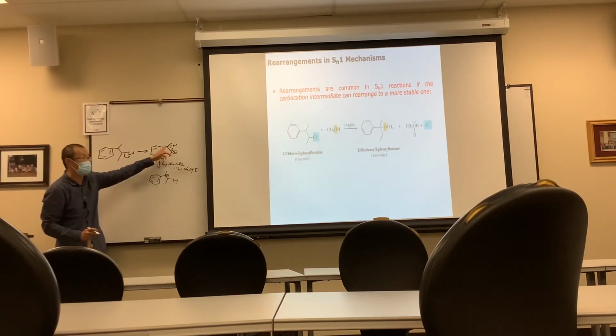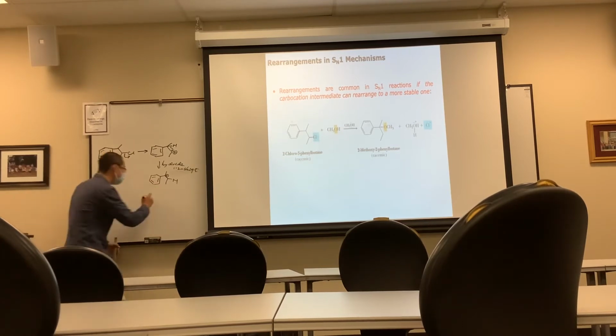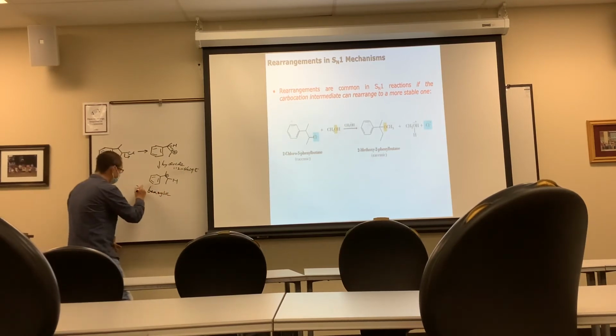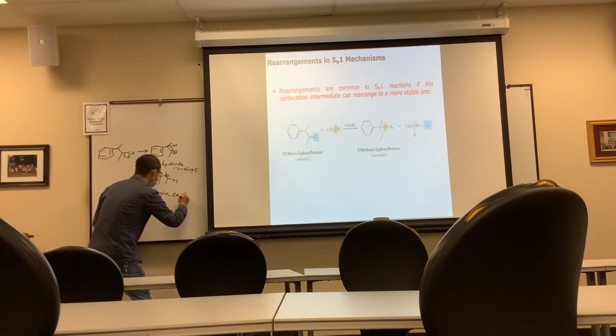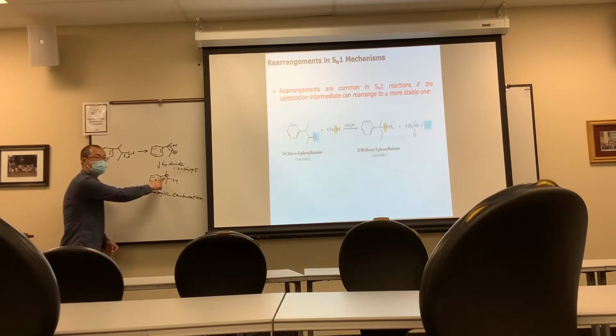That's why you have a carbocation here now. This is a very stable carbocation. We'll learn that in this chapter as well. This is called a benzylic carbocation. I'll put it here, you can write it down. Tertiary benzylic carbocation. Don't worry about the benzylic. Do you understand this is a tertiary carbocation, guys?